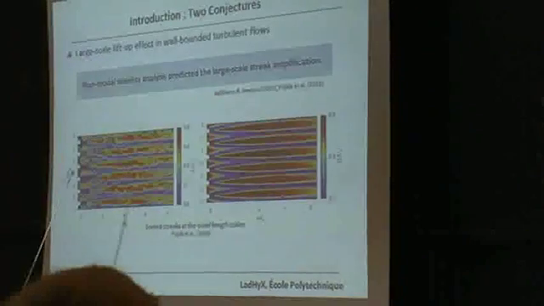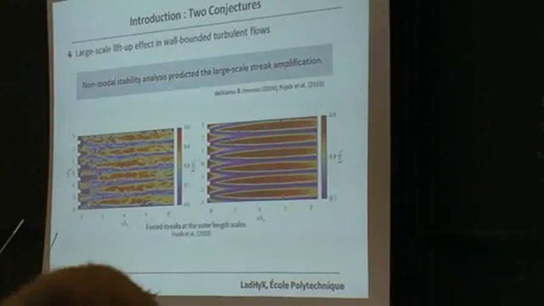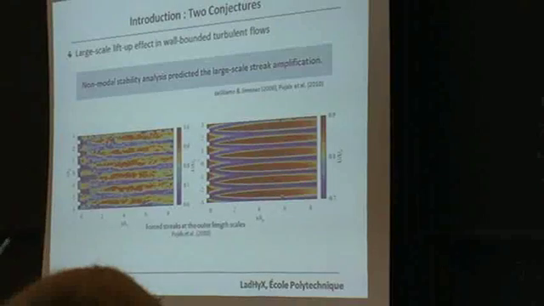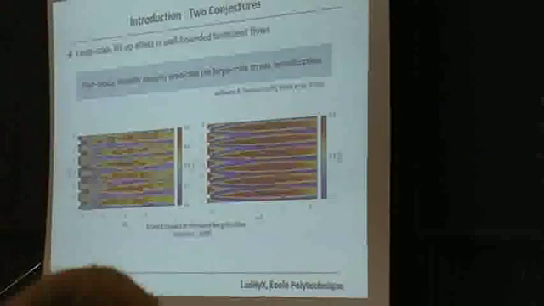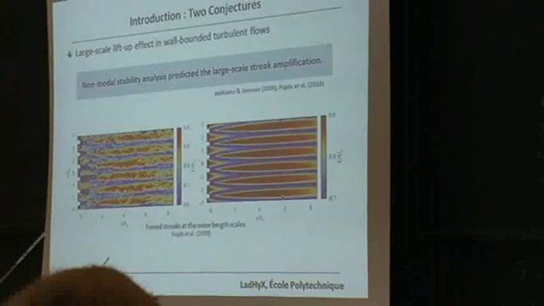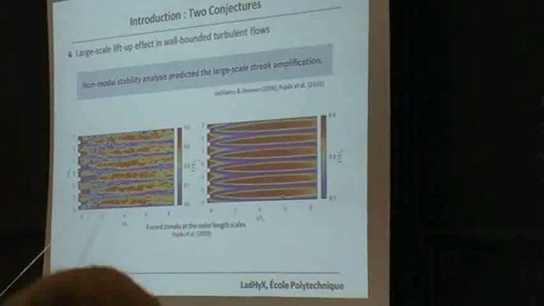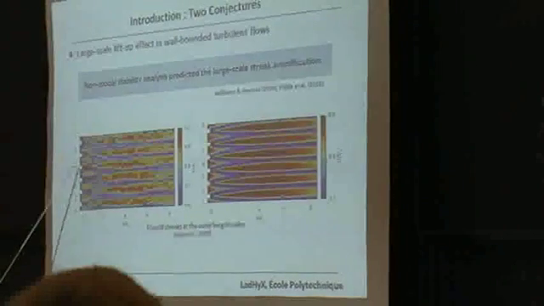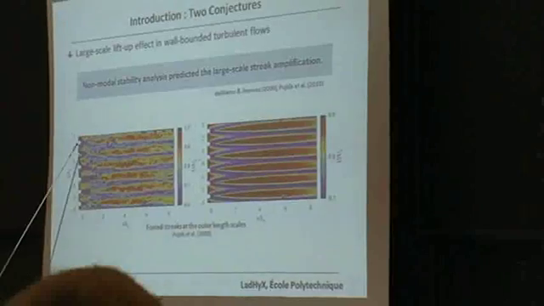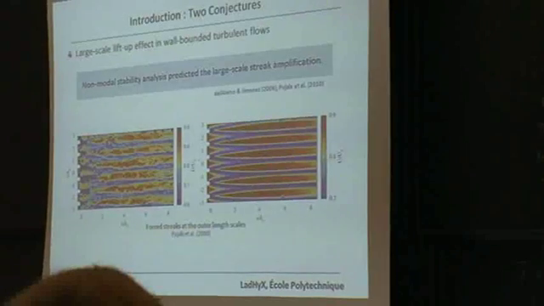As I said before, the non-modal stability theory predicted the large-scale streak amplification. Recently we confirmed this idea in a real turbulent flow. We conducted an experiment: we put a roughness element in the upstream boundary layer, and this roughness element generates streamwise vortices.